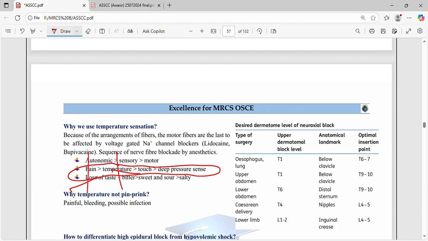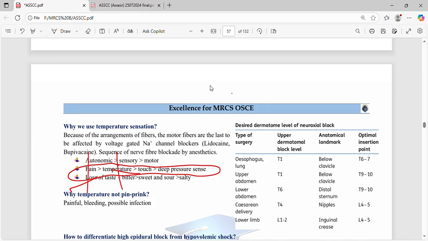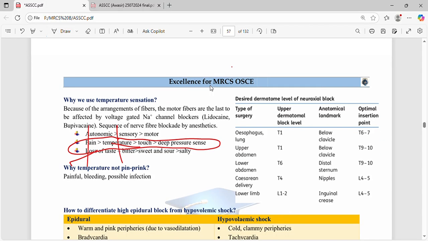That's why you check the temperature first. Why temperature, not pinprick? You never do pinprick because it can be painful, it can bleed, and it can lead to possible infection if you prick the patient.